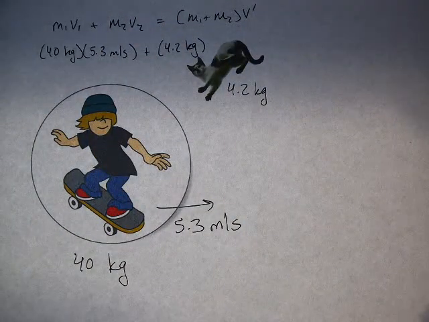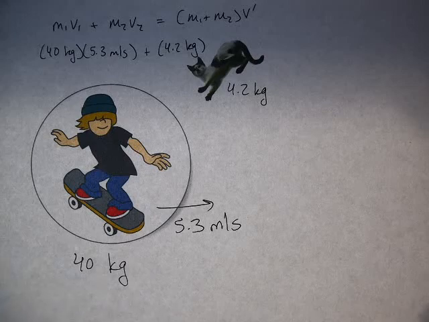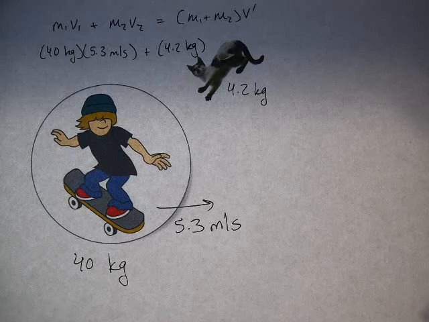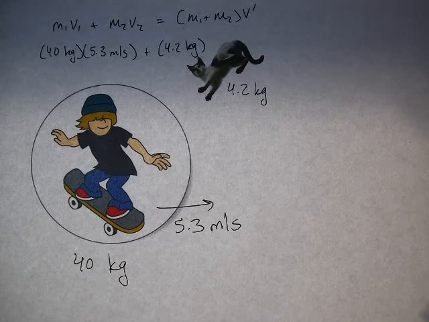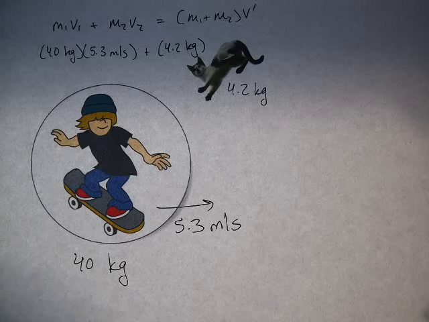Okay, this should be horizontal velocity. Matt is moving to the right at 5.3. We're focused on linear momentum along the x-axis, if you will. And it's only the cat's horizontal velocity that affects Matt's horizontal velocity.